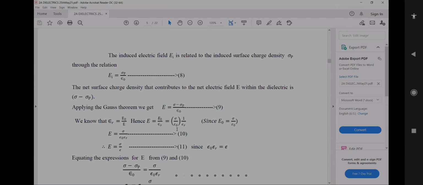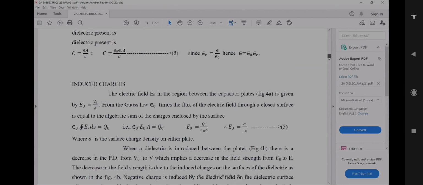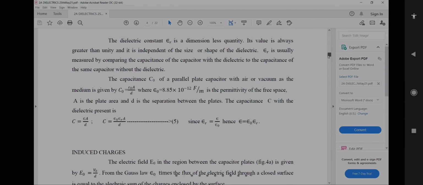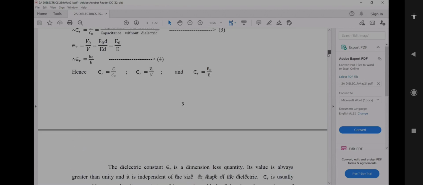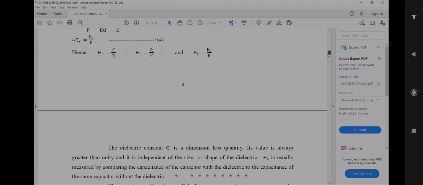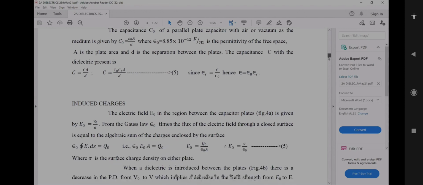E naught is sigma by epsilon naught, as already written from Gauss law. This one, E naught is equal to sigma by epsilon naught.